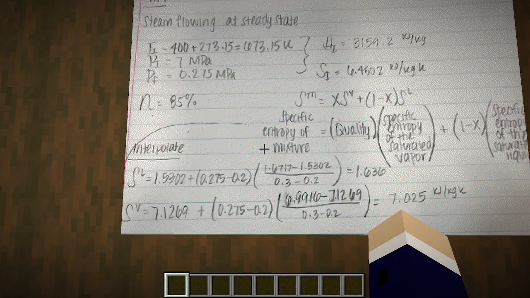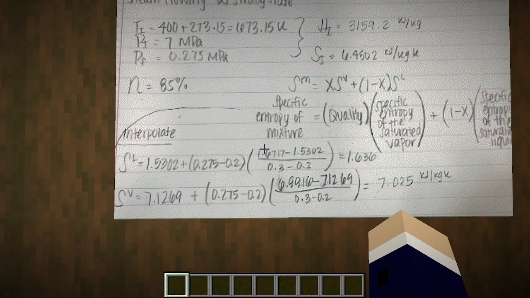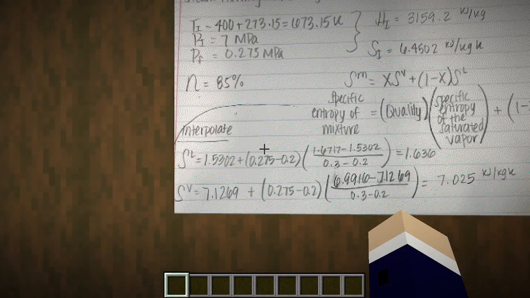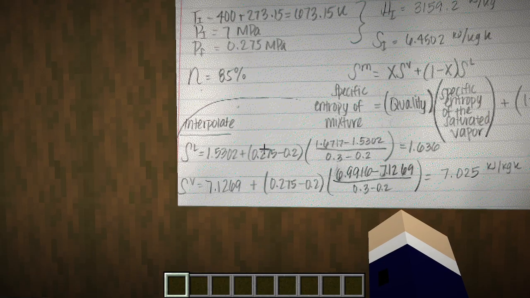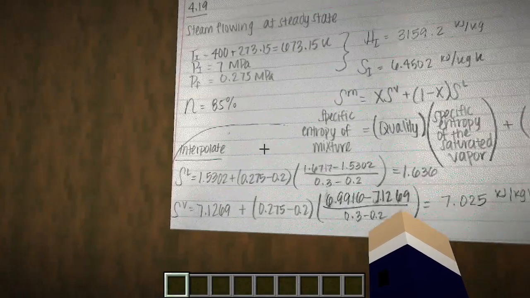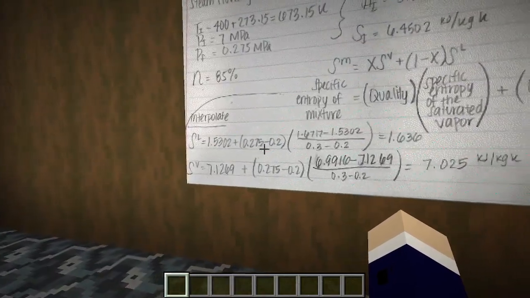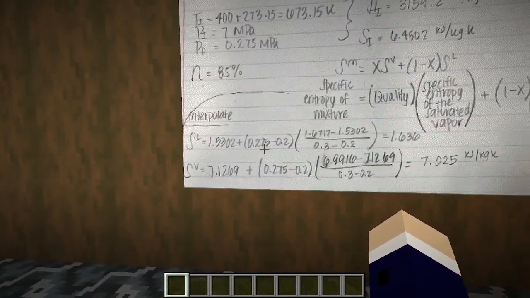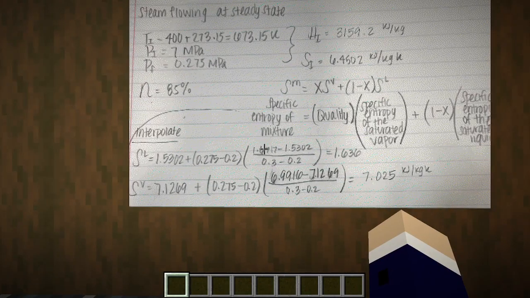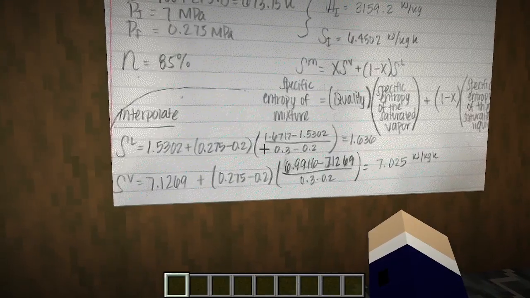We are missing S_V and S_L, but these are both variables we're able to calculate via interpolation. We go to our tables in the back of our book, and we can find two values for S_L and two values for S_V. Using the data points in this table, we can interpolate the exact value for 0.27 megapascals, whereas the only options we had were 0.3 and 0.2 megapascals.